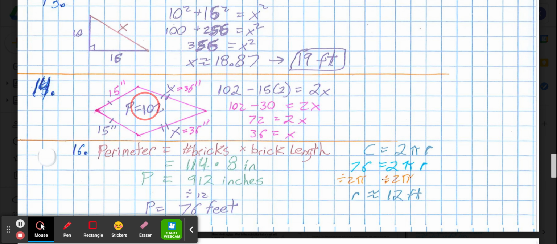And I knew the total perimeter was 102. So if I take 102 minus the two sides of 15, I'm left with my other two sides that measure x. So 102 minus 30 would equal 2x. 72 is 2x, so we divide by 2, and each one of these other sides is 36 inches long.